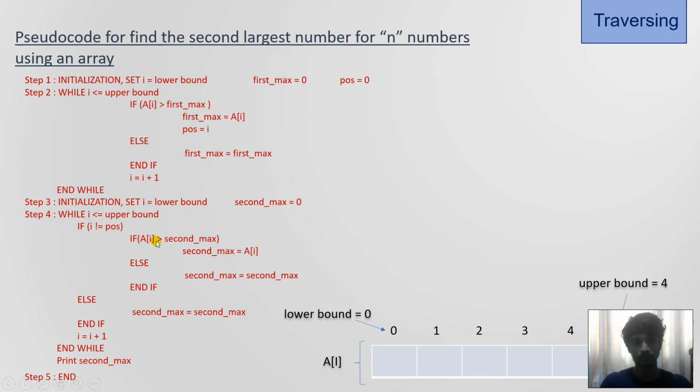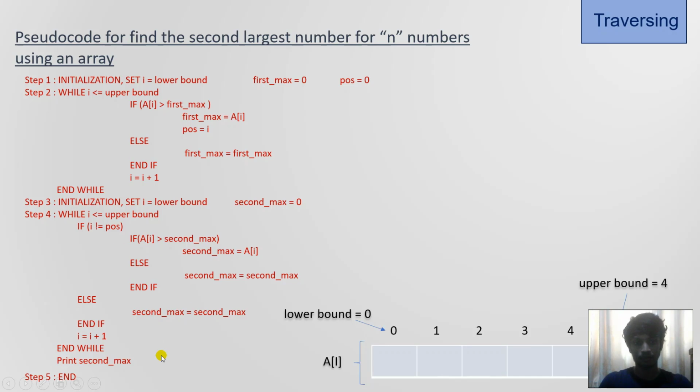To do that, we can simply use the position value we initialized in the first iteration, so we skip that. If we skip the largest value of the array, then there could be another largest value in the array, and we can find it using this iteration.